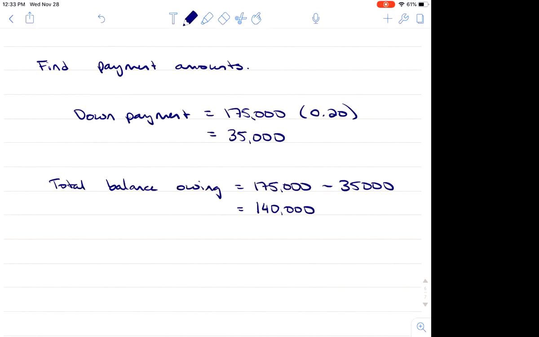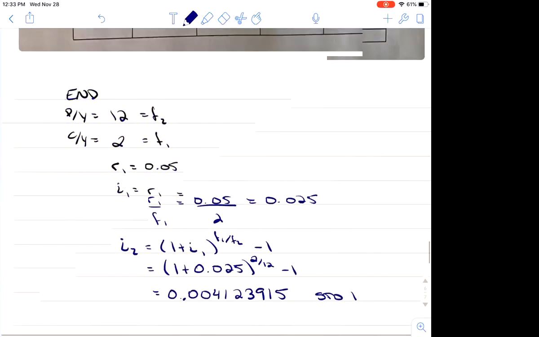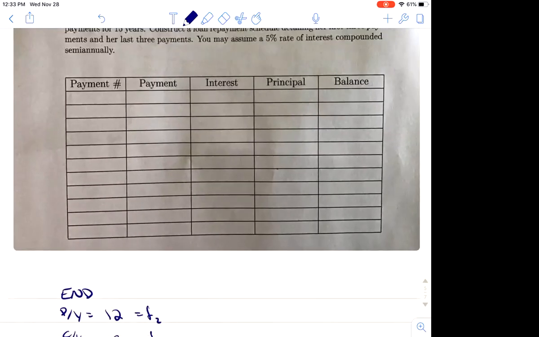Okay. Because it's fun to fill in the payments, we found that the first balance must be 140,000. There's no payment, there's no interest, there's no principal.